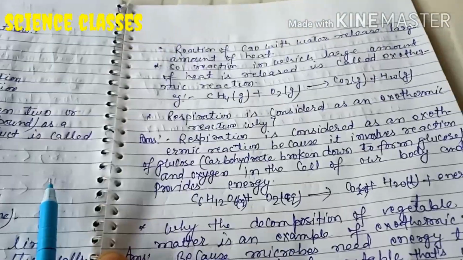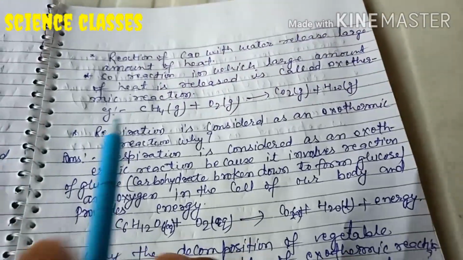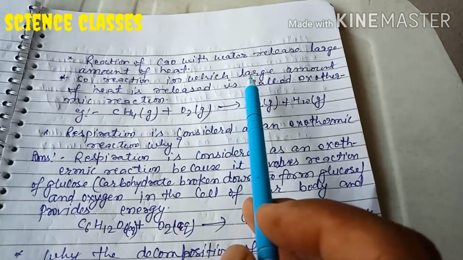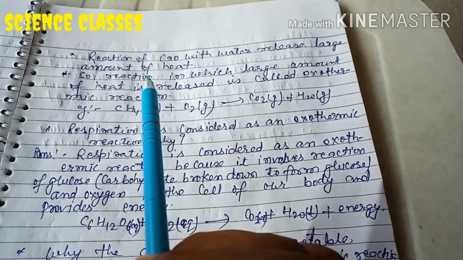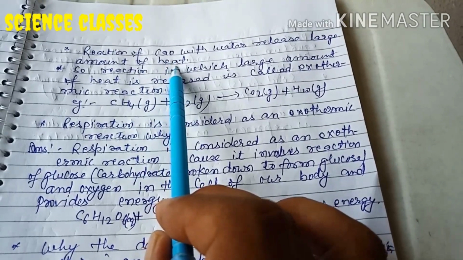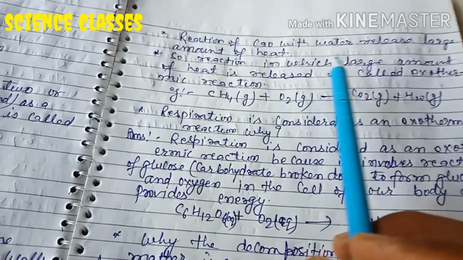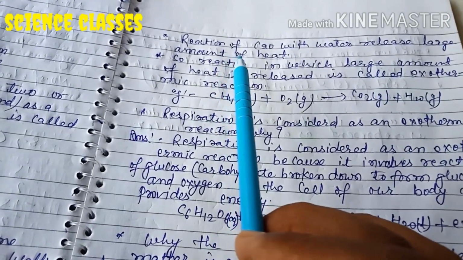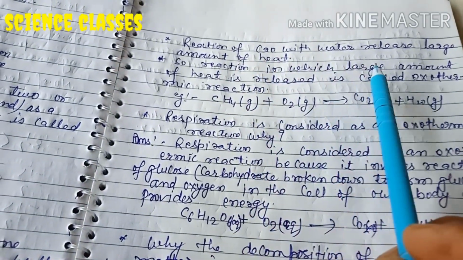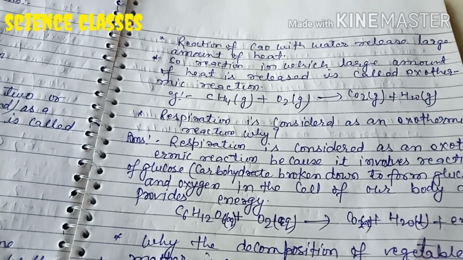Next, reaction of CaO with water. It is very important here. Reaction of calcium oxide with water releases a large amount of heat.